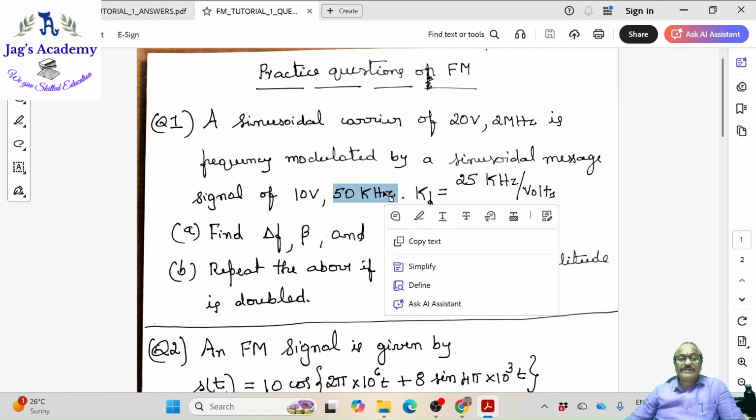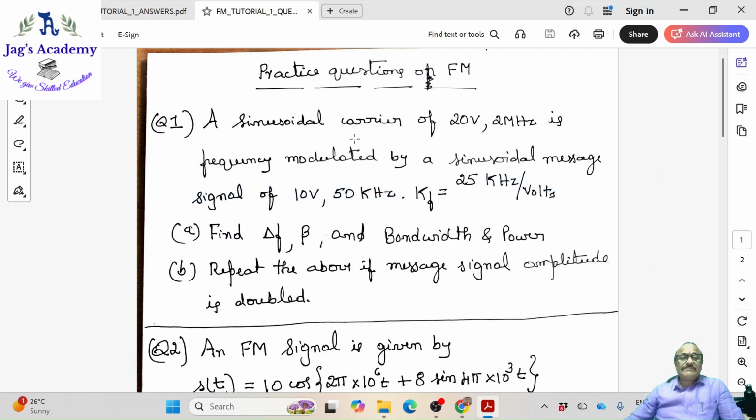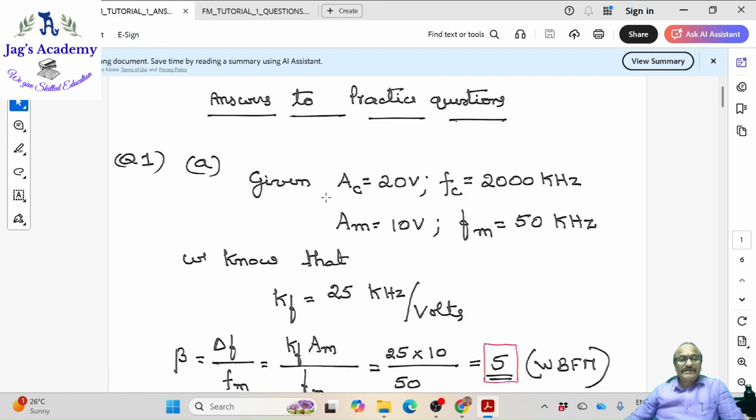Similarly, the frequency of the message signal is given. Similarly, Kf is given. You need to remember some formulas over here. Now all these are given: Ac, Fc, Am, Fm, Kf.